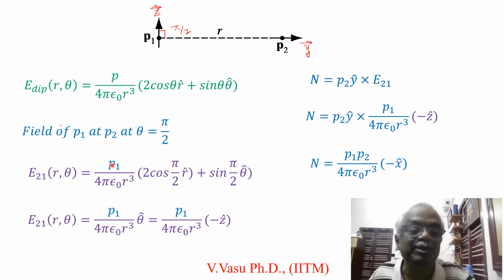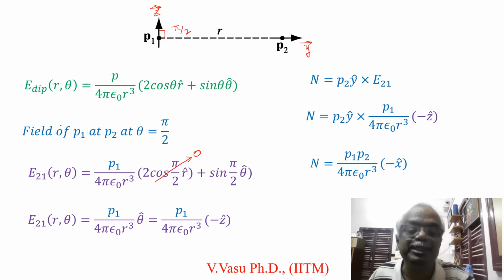So that is the meaning of subscript 21, which is a function of r and theta. Now this p will become p1 divided by 4 pi epsilon naught r cube times (2 cos pi by 2 r cap, because this angle is pi by 2, plus sin pi by 2 theta cap). Here you can see cos pi by 2 is equal to 0, so this will be 0.